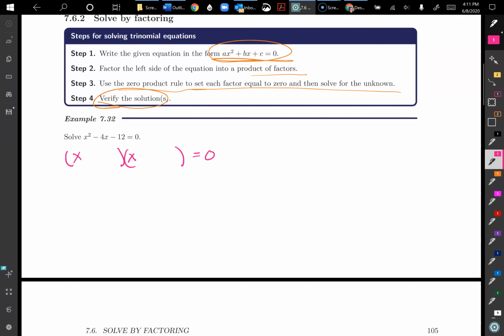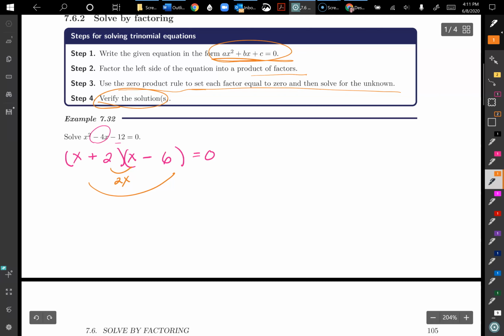So my last term is -12. So some options, I'm going to go for a 6 and a 2, just looking at my middle term, which is -4. So I should have a -6 and a +2. 2x and a negative 6x gives me the -4x. So that's good.